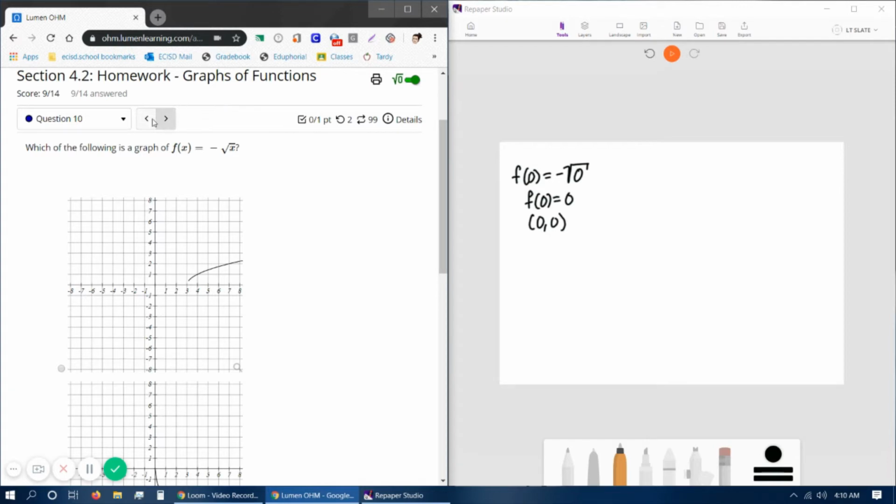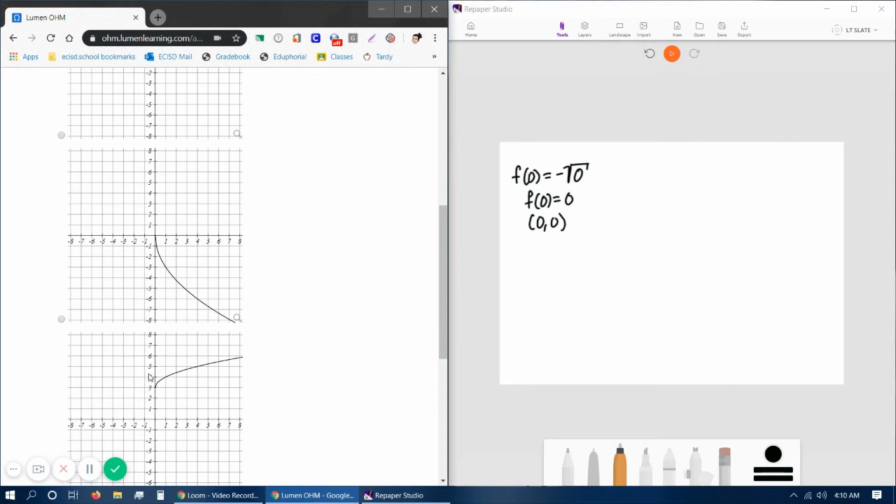Looking at the answer choices, I can eliminate the first and third graphs because they do not contain the point 0, 0. For my second x value, I'll use x equals 1. If I plug in 1, I'll have f of 1 equals the negative square root of 1.